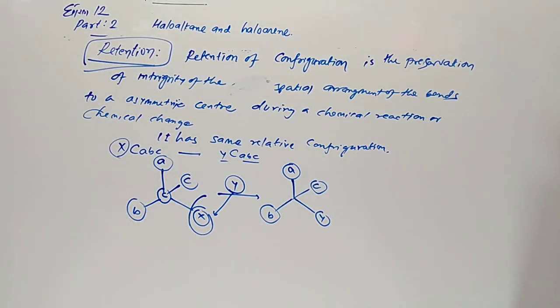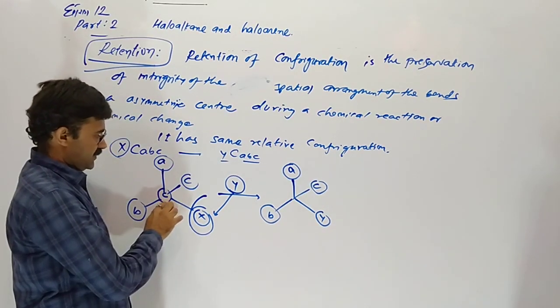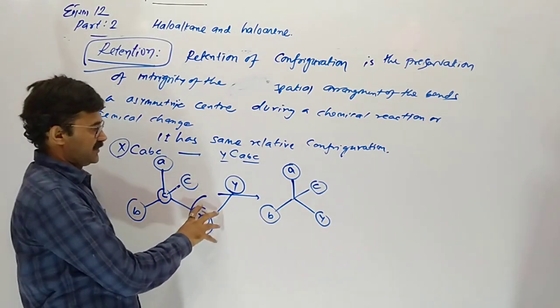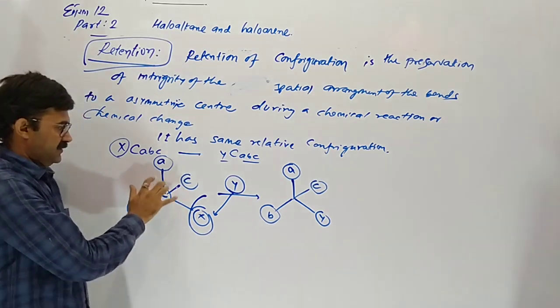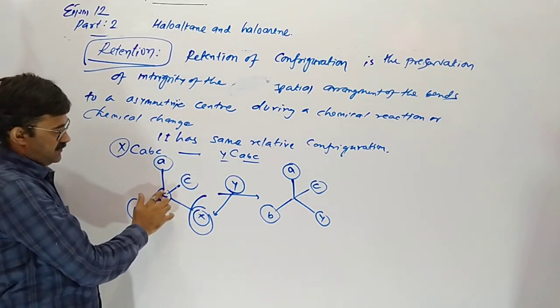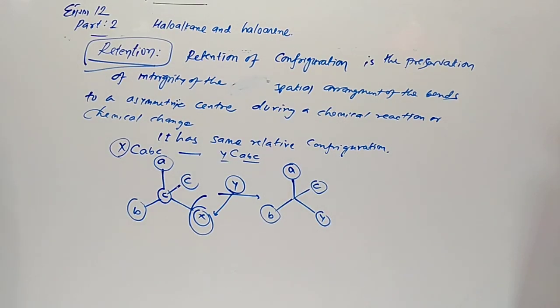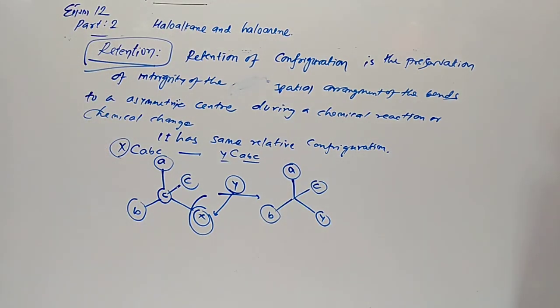It does not change. In which cases does this happen? In the reactant, A, B, C and X are connected to the carbon; X is removed, Y enters, then the configuration around the chiral carbon remains the same. So that process is called retention.